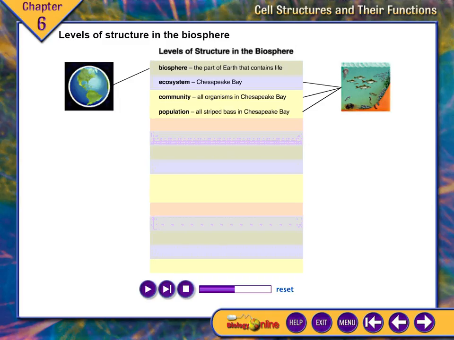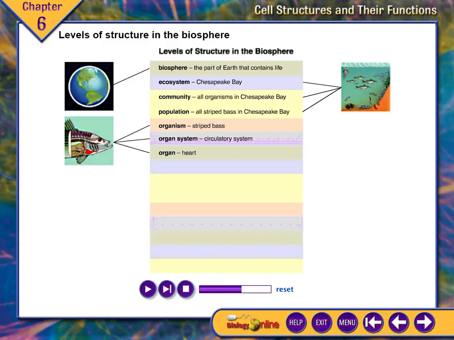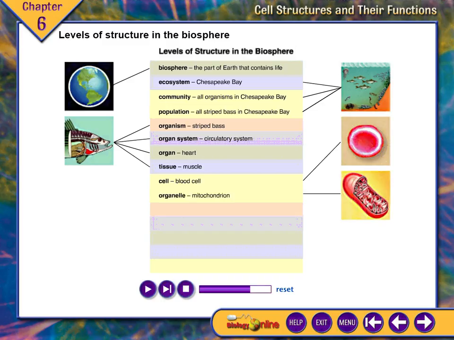Using the striped bass as an example, each organism is made up of organ systems, such as the circulatory system. These systems are composed of organs, such as the heart. Organs are composed of tissue, such as muscle. Cells, such as blood cells, are composed of organelles, including mitochondria, which are built with macromolecules like hemoglobin.